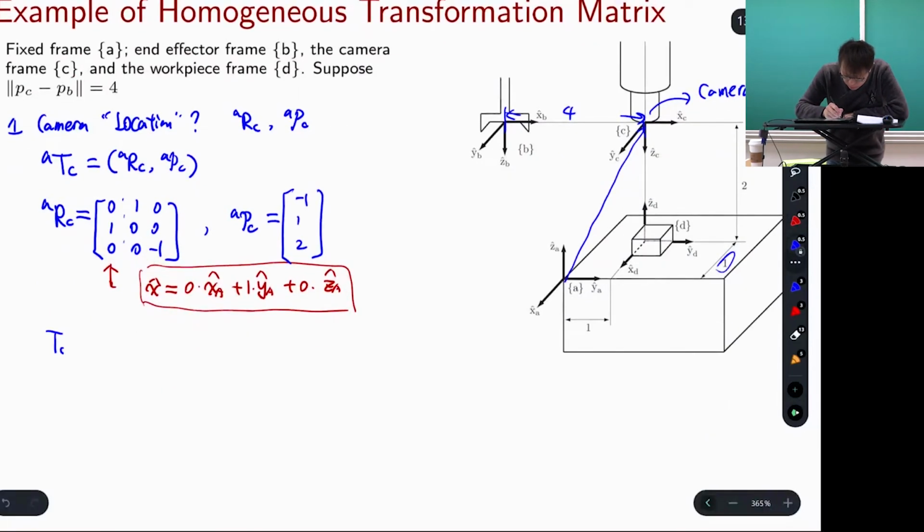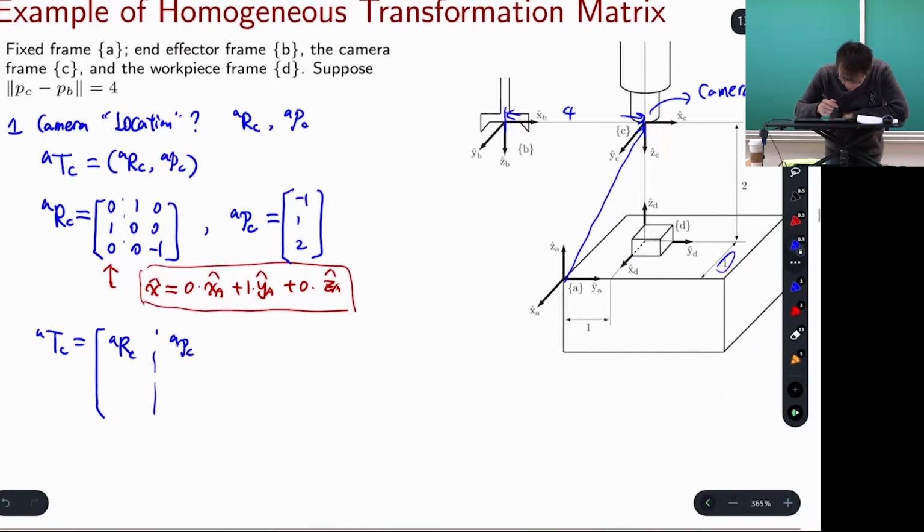So then my homogeneous transformation matrix will be just RCA, PCA, and then 0, 0, 0, 1. Oh, sorry, I think I made some mistakes.